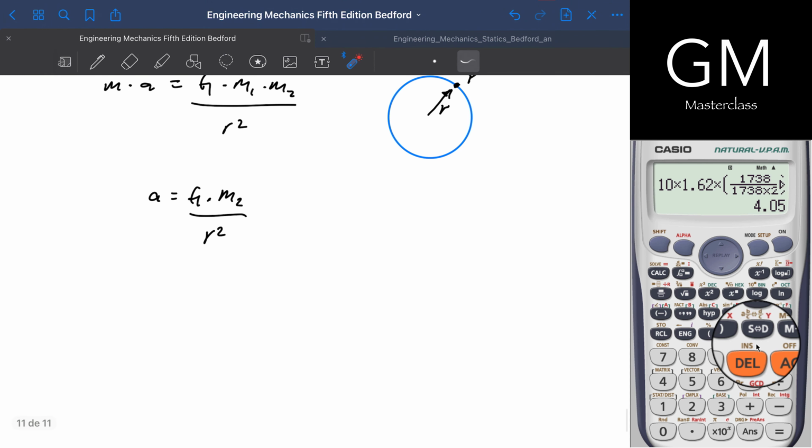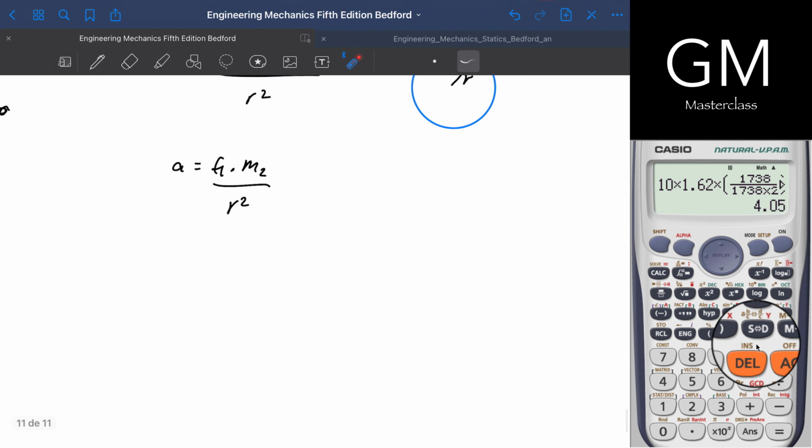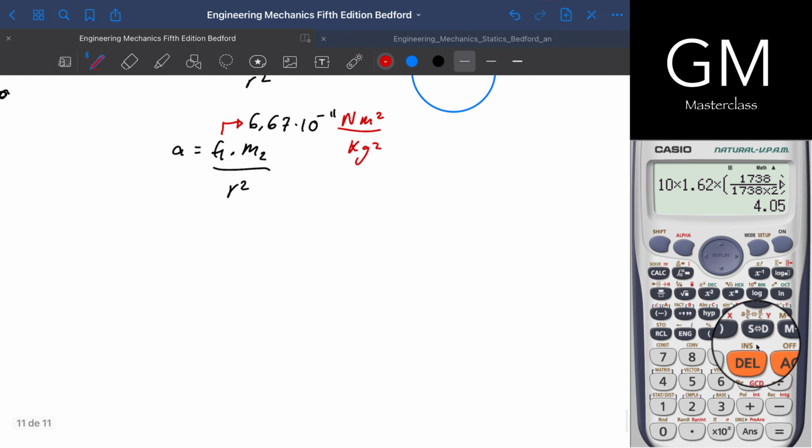Now that I've explained this, G, because it's a constant in international system units, is going to be equal to 6.67 times 10 to the minus 11, and this is the important part, newtons multiplied by meters to the second power divided by kilograms to the second power. Now I'm going to multiply by the mass, so I'll have right here kilograms.